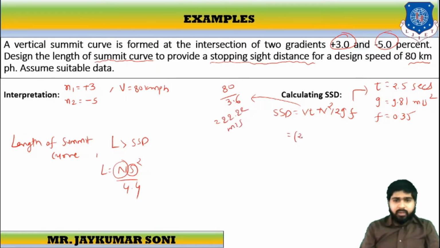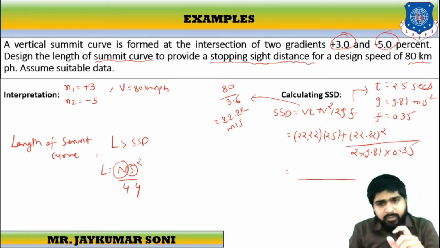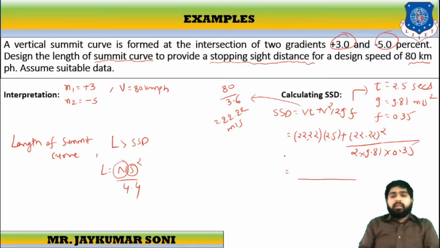So it will be 22.22 times 2.5, plus 22.22 whole square, divided by 2 g f. Now calculate and tell me what value of SSD we are getting from here. So this will be approximately 128 meters.